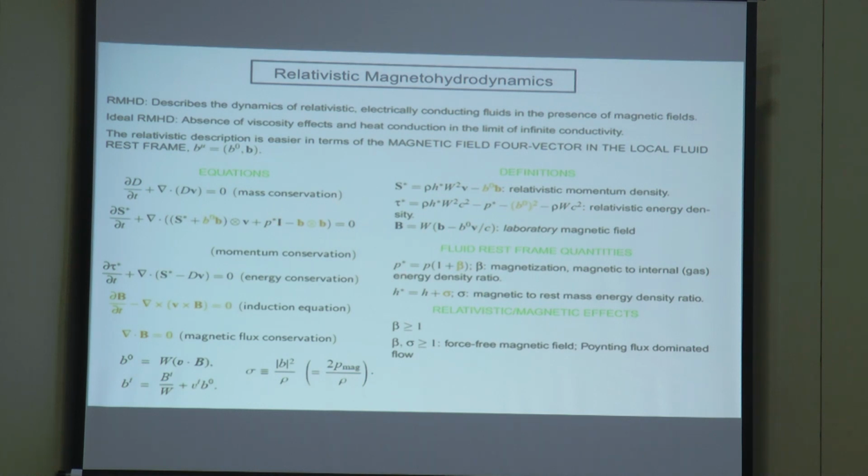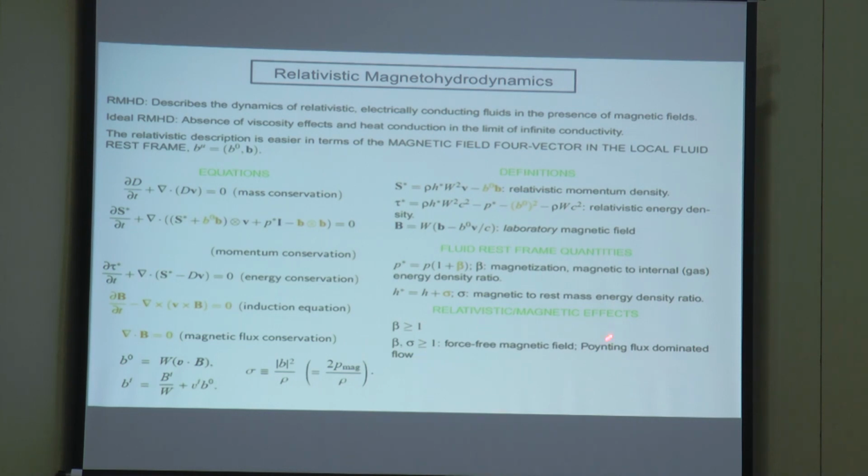Here you have the main equations: mass conservation, momentum conservation, energy conservation, and then the Maxwell equations that are added. In yellow, you have the magnetic terms. A relevant point to take into account here is that from the pressure you derive this plasma beta, which is the ratio of magnetic to internal gas energy density, and from the modified enthalpy you have sigma, which is the ratio of magnetic to rest mass energy density, which tells you about the role of the magnetic field in the dynamics of the flow.